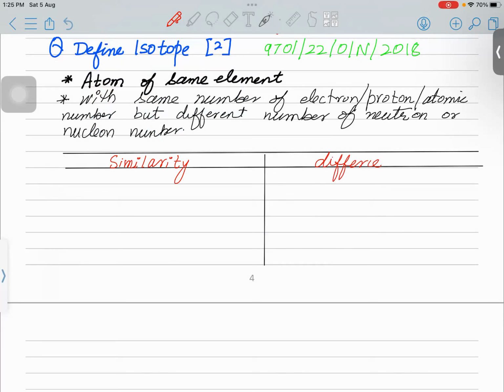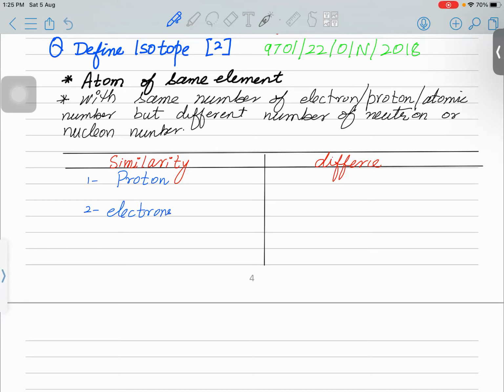Yes, Isa, can you tell me what is same in isotopes? Sir, the proton number. Protons are the same. And the second thing, what is same? Electrons.